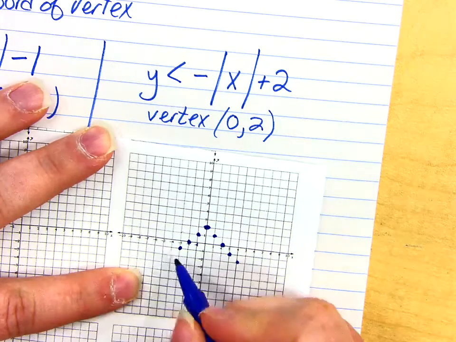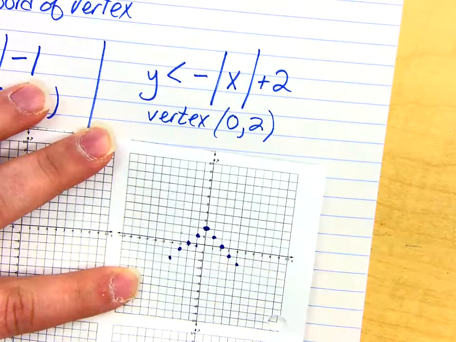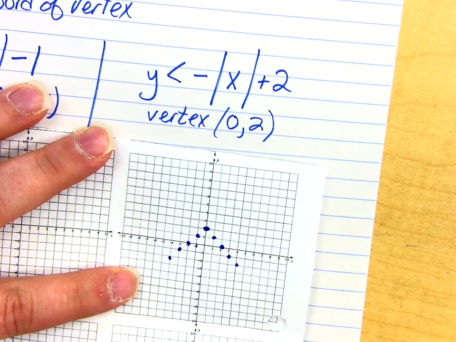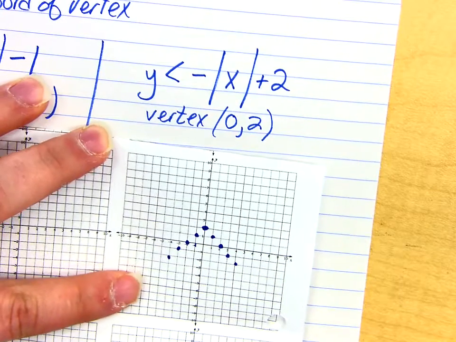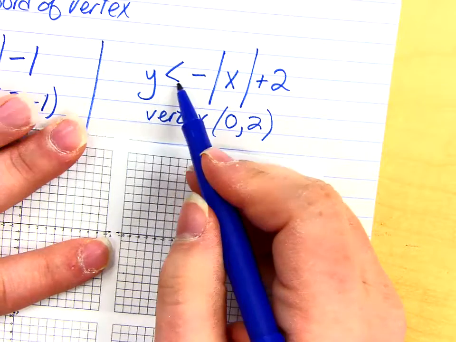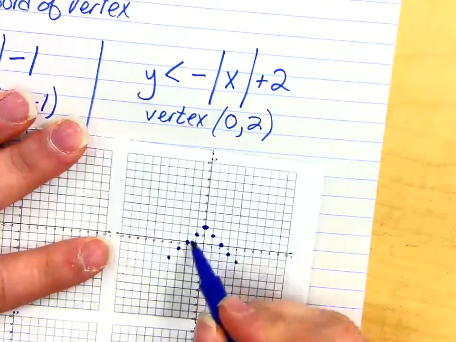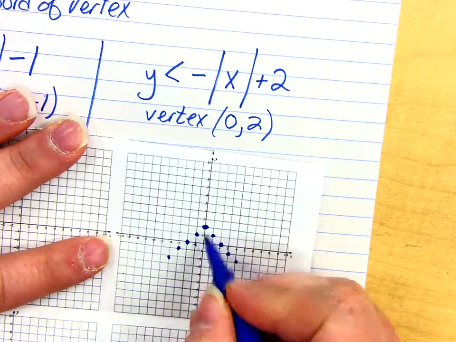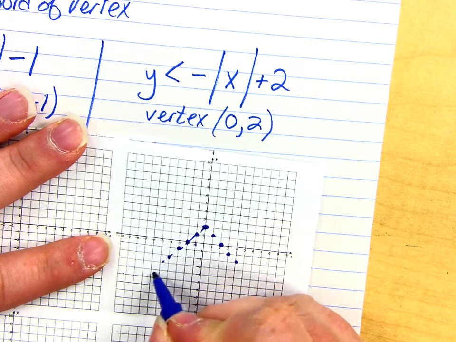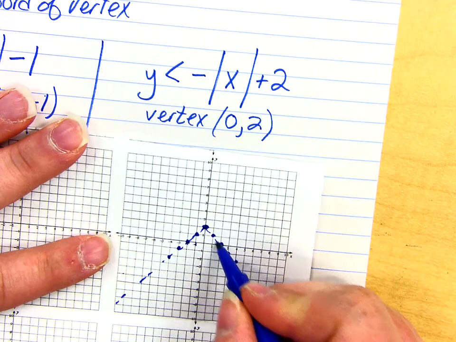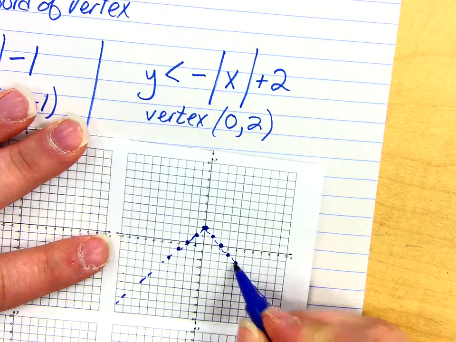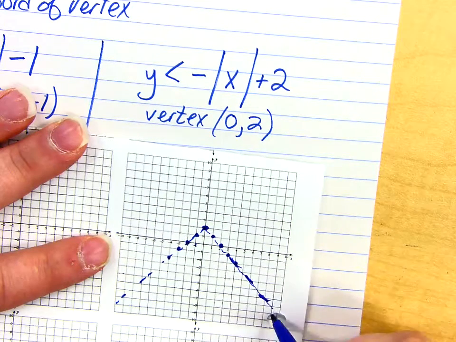And then the other thing that changes is that this one's now an inequality. So I don't just willy-nilly connect the dots, I have to stop and think about it. Because this is less than, and it does not have the or equal to, I'm going to connect these with what? A dotted line, right? Which it's already pretty dotted, but anyway. Dotted line, and then that's not dotted at all.